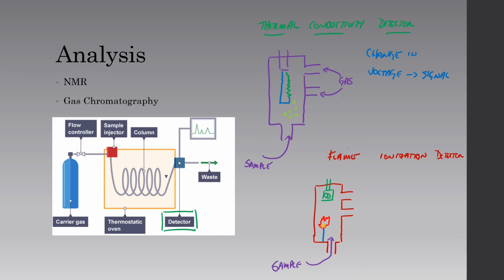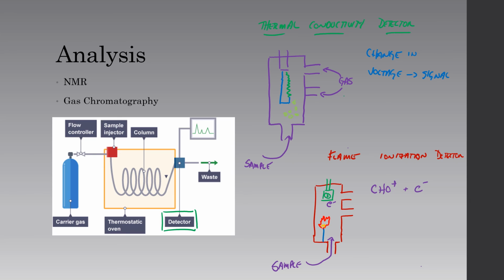Now as our sample comes in, it's going to hit that flame, and our sample is going to break apart into different charged species. They're going to burn. They're going to change into this radical here, CHO plus an electron. So any organic sample that comes through is going to get burnt, and it turns into that CHO plus and an electron. Now our electron is going to get attracted to our positive end, right? That positive voltage that we have inside of that detector.